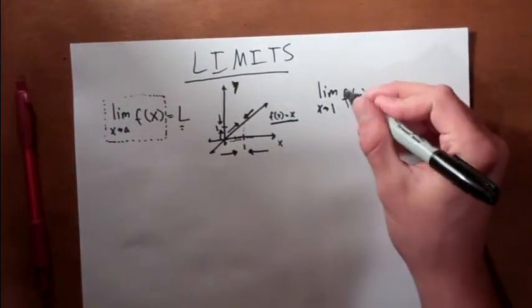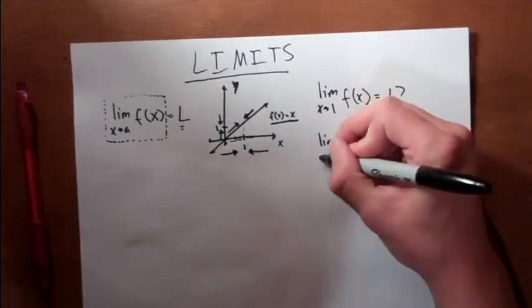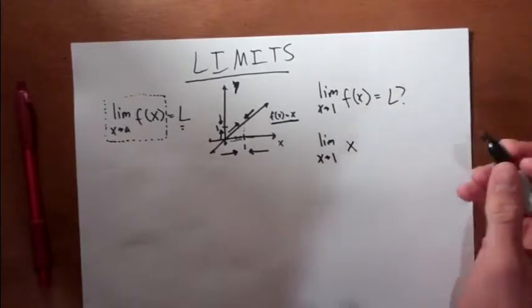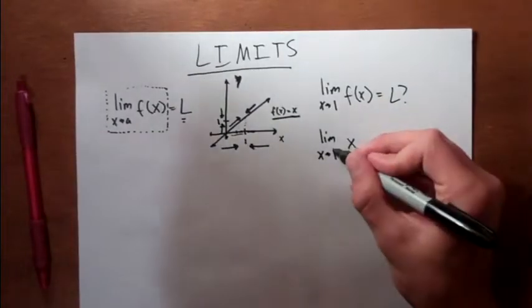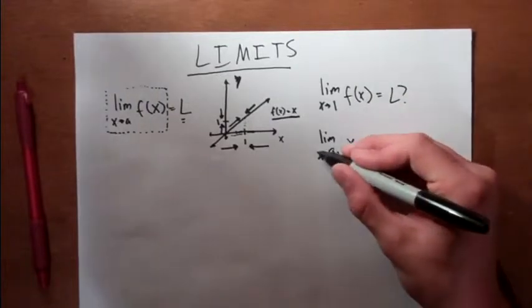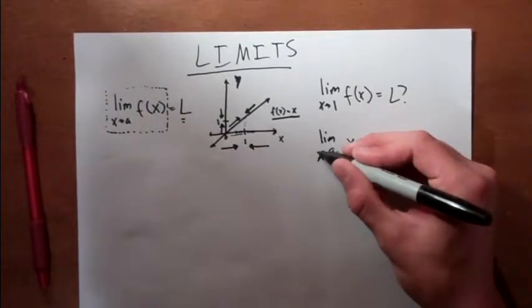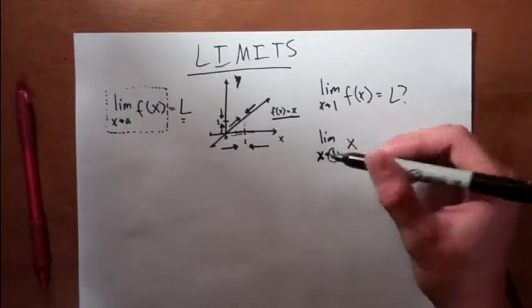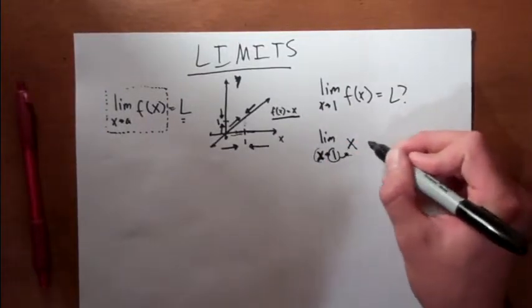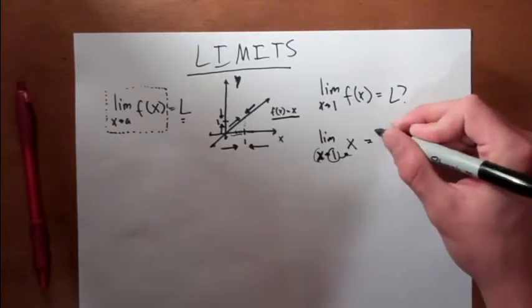So I can substitute in here the limit as x approaches 1 of x. Now what does that equal? The way we do this is we substitute in our a value, in this case 1, wherever we see our variable x, the variable that is approaching something. In this case it's x, approaching 1, we just plug it in, and that's pretty simple, and we get 1 is our limit.